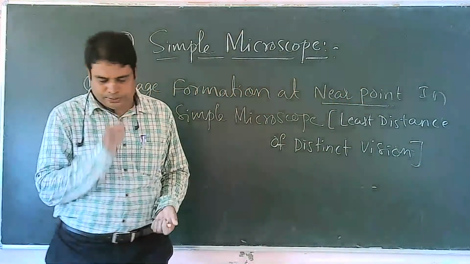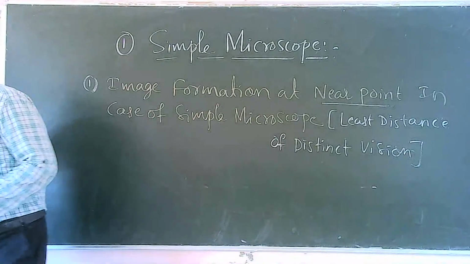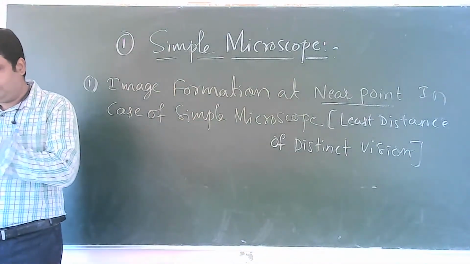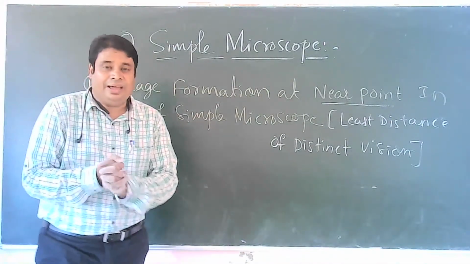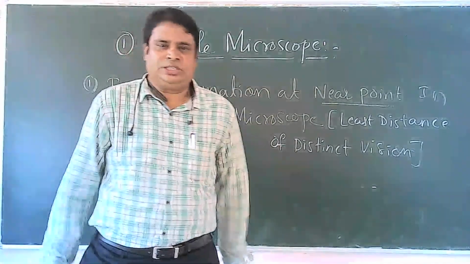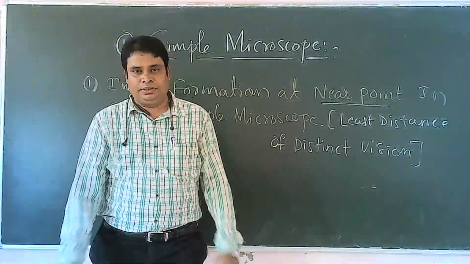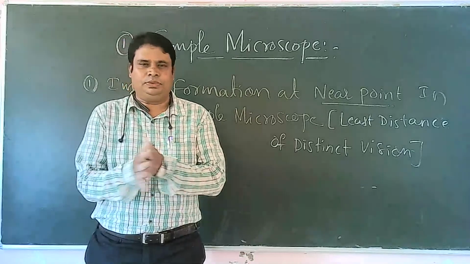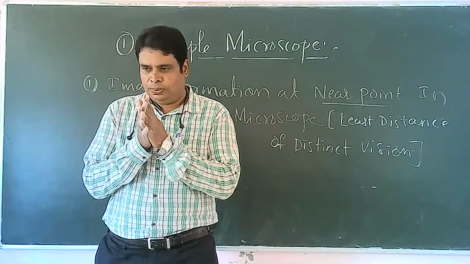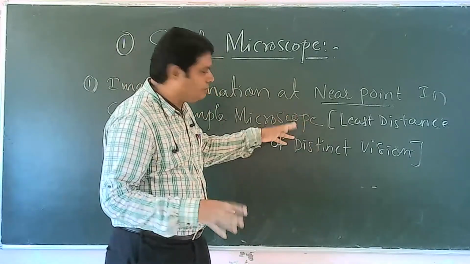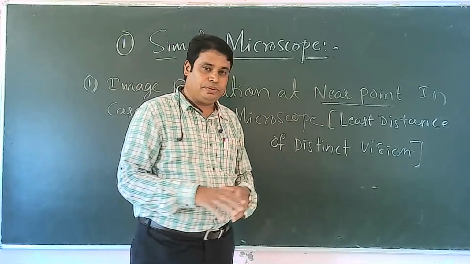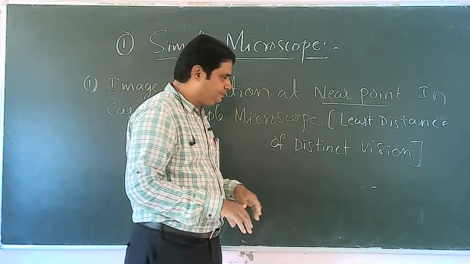What is near point? As I told earlier, we are not supposed to study the human eye this year. I hope we are not supposed to study. Now it's a very difficult concept if you are not studying this one. The human eye? Let me explain.